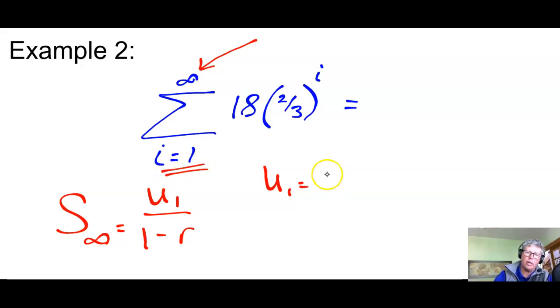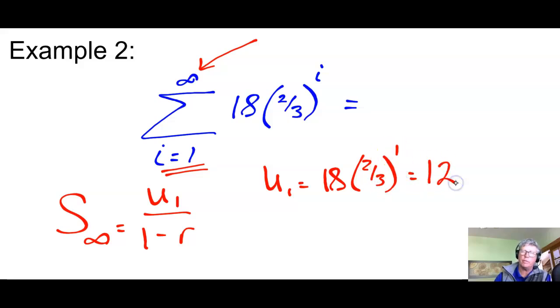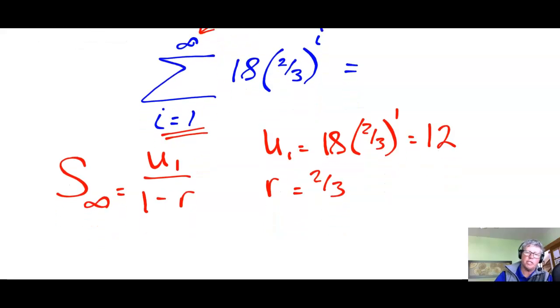So plug 1 in. 18 times 2/3 to the first, and that's going to equal 12. R, the constant ratio, will always be the number that we're taking to a power. So in this case, 2/3. And yes, this is the exact same problem as what we just did. So we'll get 12 over 1 minus 2/3, and I believe we got 36.